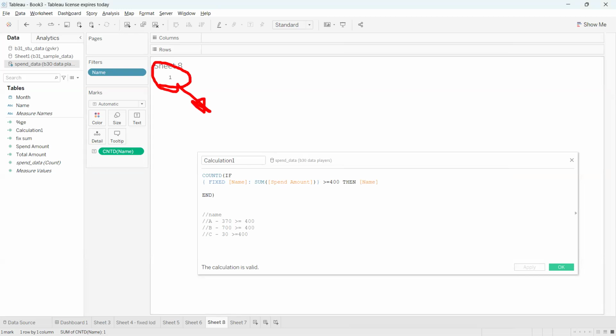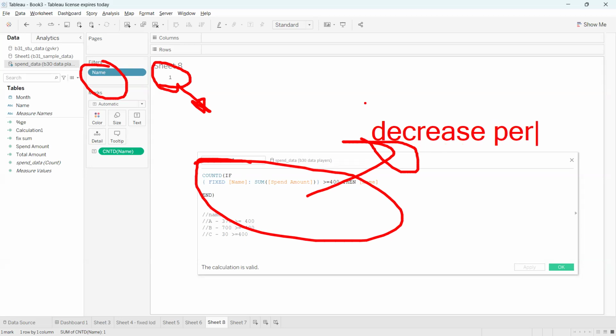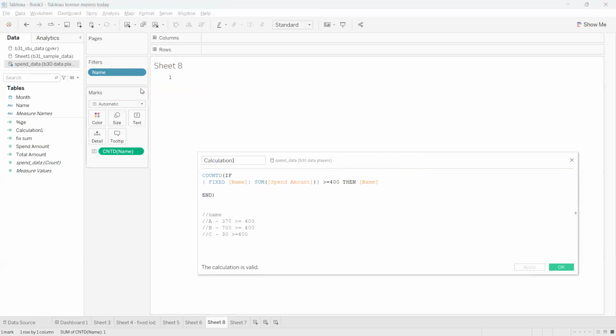So how do we decide whether to go for the condition option or the fixed LOD? Fixed LODs always decrease the performance. So whenever possible, try to use the condition option only. If there are any requirements which are not possible with the condition option, then only go for the fixed LODs.